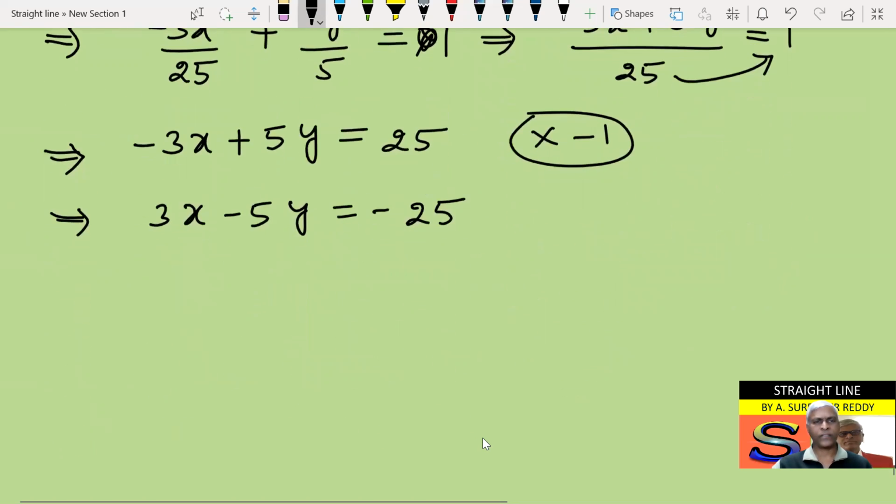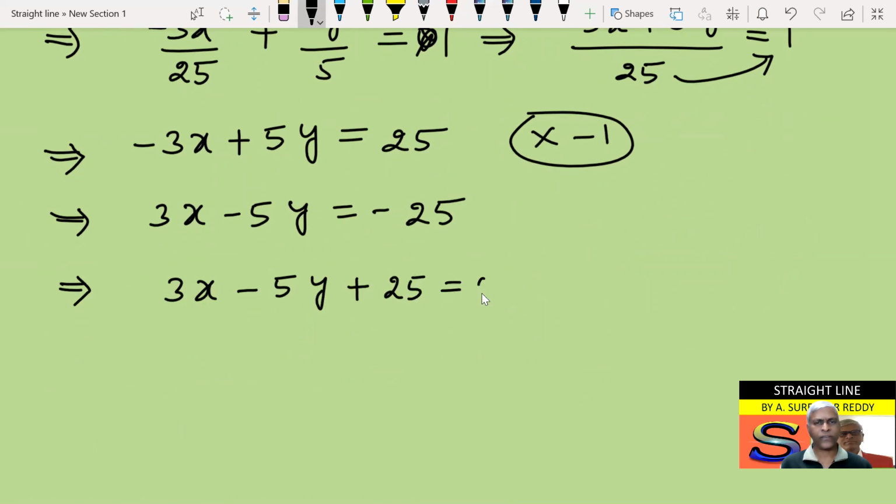You can bring minus 25 to the left side. So the required equation 3x minus 5y plus 25 is equal to 0 is the required equation of the straight line.